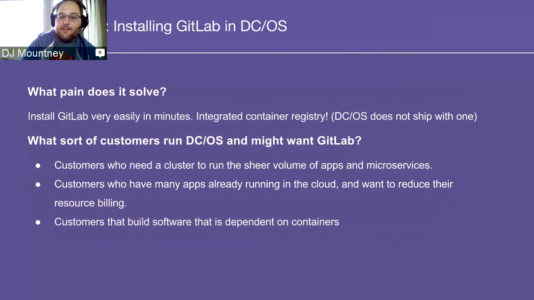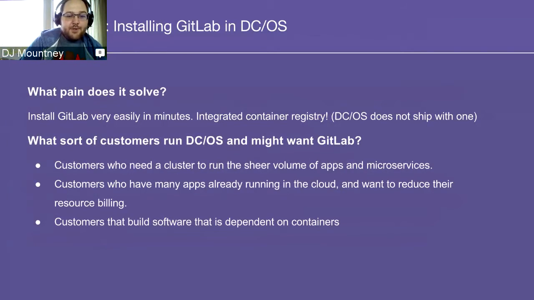I did a joint webinar with Mesosphere yesterday, and some of the people were asking, can we just deploy GitLab without all the rest, just with the container registry? That's because people on DCOS want a container registry. They don't want to have to use public registries. So simply having that container registry is compelling in addition to everything else we have in GitLab.